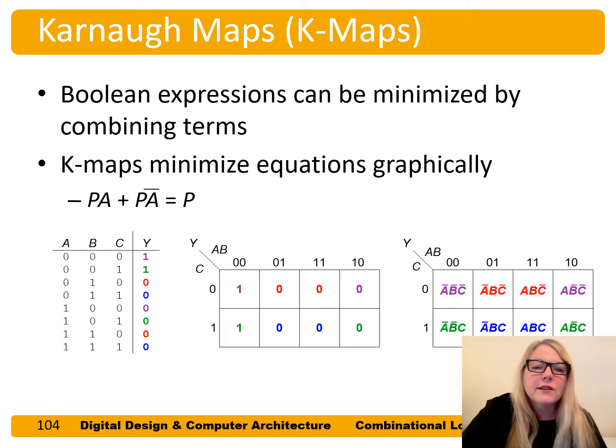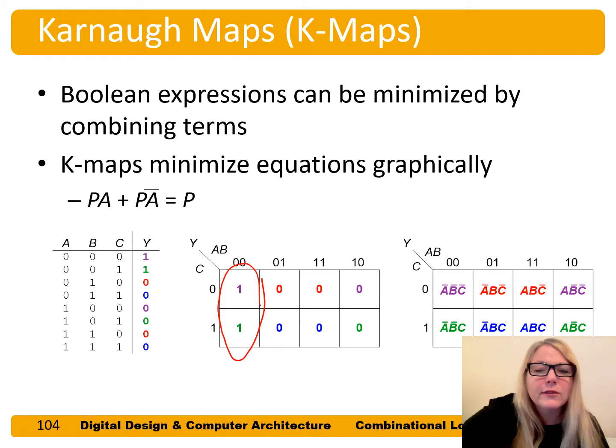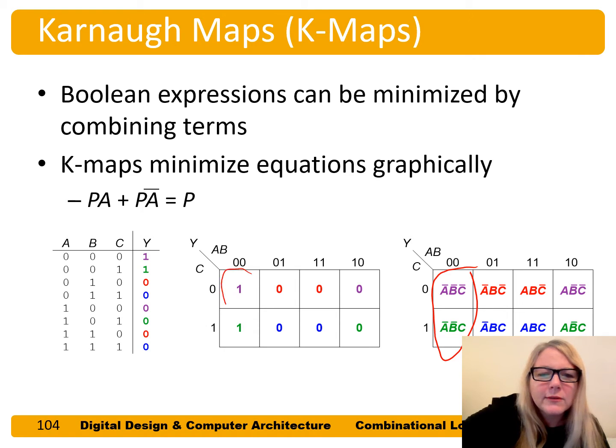So now that we've entered our K-map, we can circle adjacent ones. Here we have two ones that are together, so we can circle them. This is just for illustration, you typically won't do this, but we can see that those adjacent ones indicate A bar, B bar, C bar, or, these are our minterms, A bar, B bar, C. And we know using combining that that is just going to be A bar, B bar.